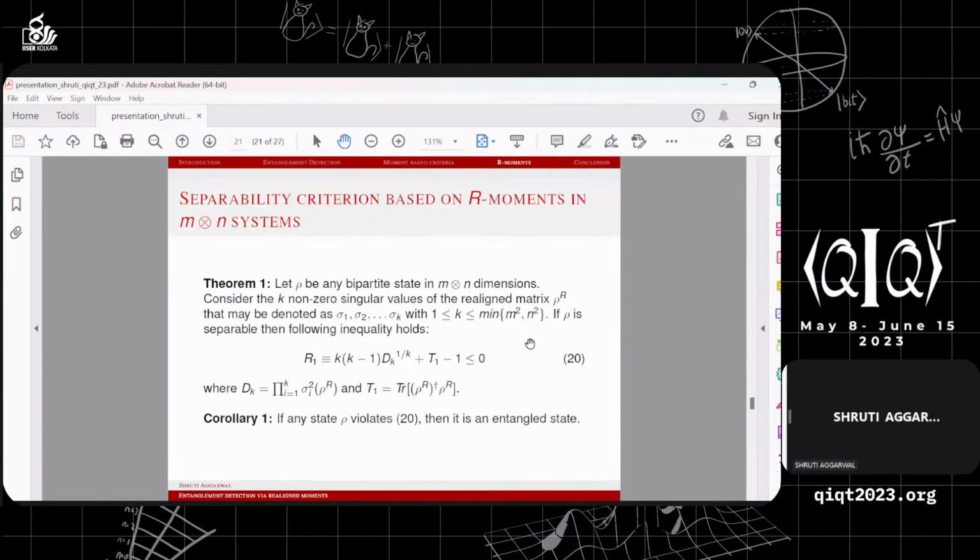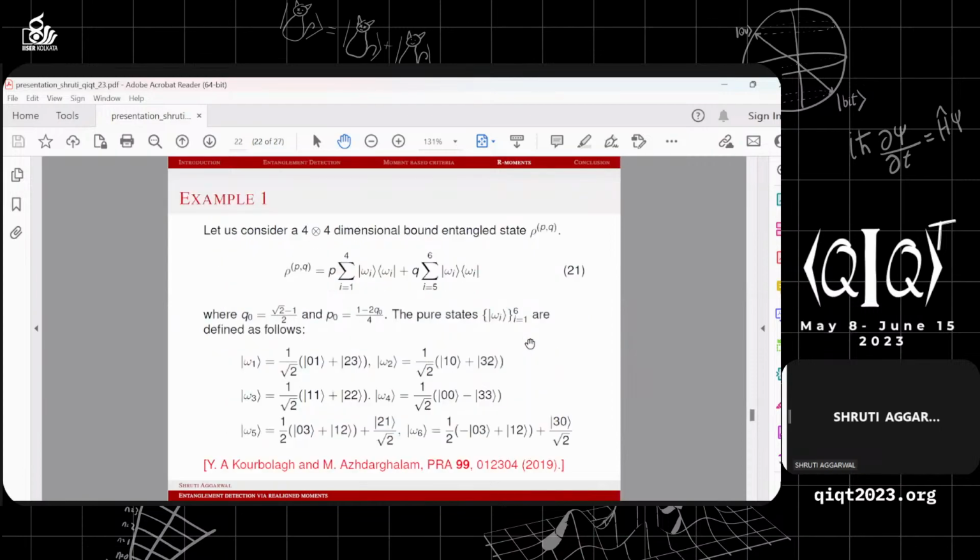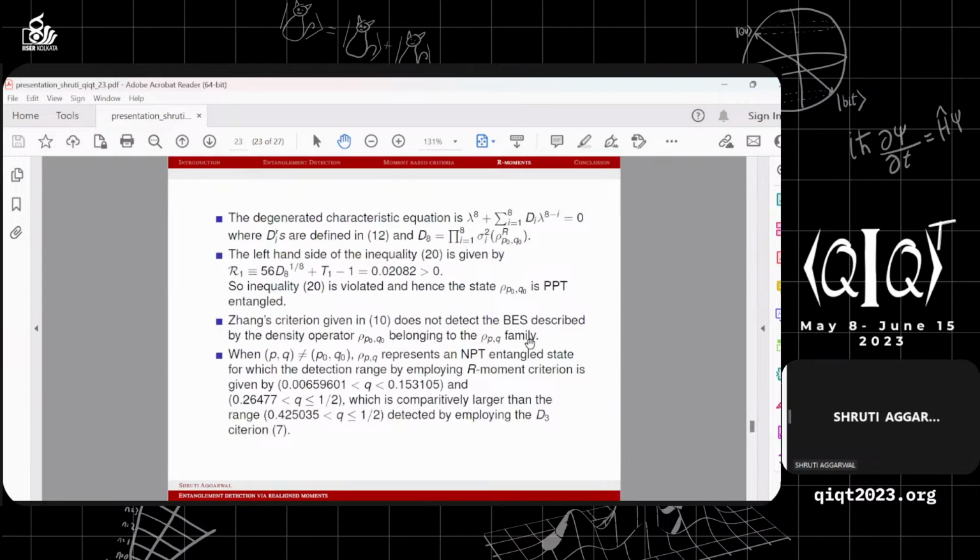If the rank of the realignment matrix is k, then we need k moments. For example, in this example, lambda to the power 8 plus so on, the characteristic equation is given here. This will be a 16 cross 16 matrix rho R, and the number of moments that we require is 8.